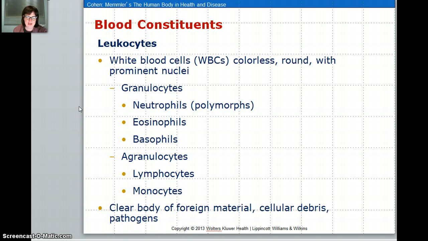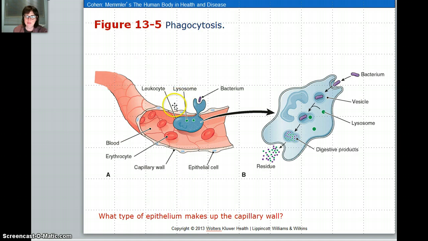You may have heard the word lymphocyte, macrophage. These are the ones that clean up. They undergo the process of phagocytosis, and in phagocytosis they can go out through the blood vessel. With histamine, the blood vessel gets leaky. It results in the lymphocytes leaving the vessel, and as a result, they can surround a bacterium.